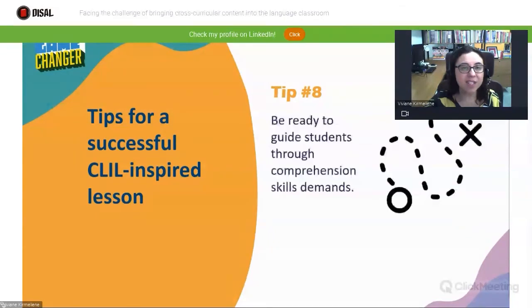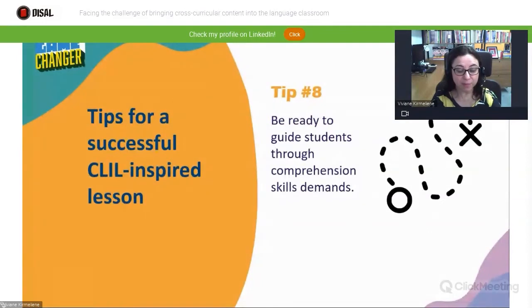Now, tip number 8, and this is a little bit more complex: be ready to guide students through comprehension skills demands. They might have more challenging demands to deal with the subject from another area than they would have in a regular language class.